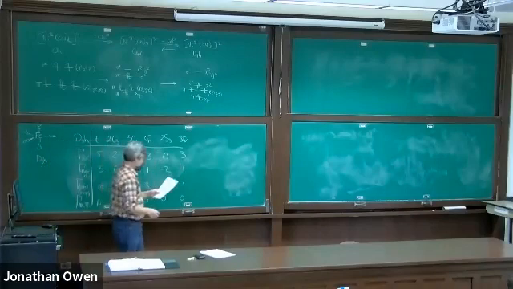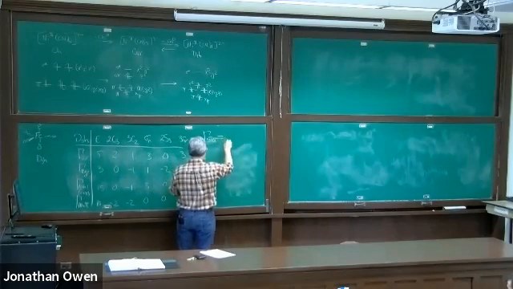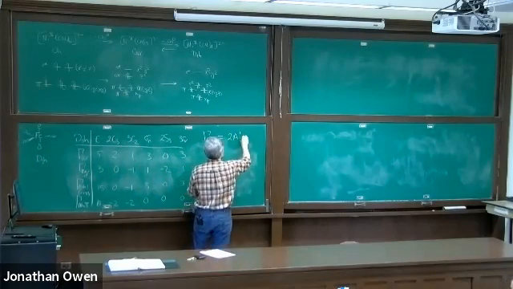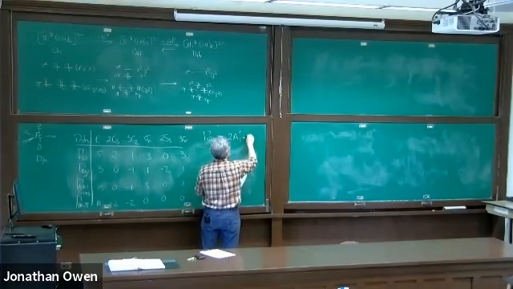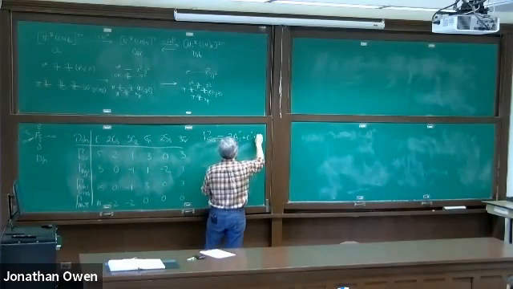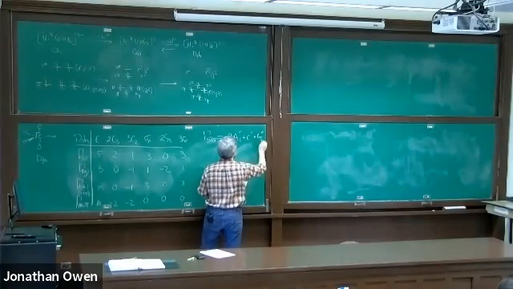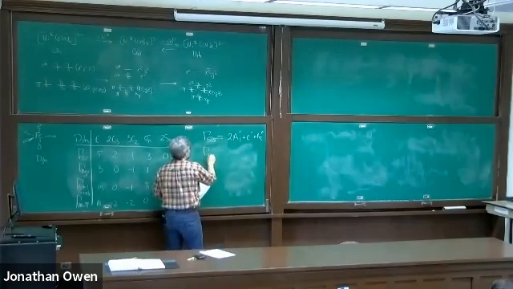All right. So here's what 5 ligand sigma looks like. And 10 ligand pi.